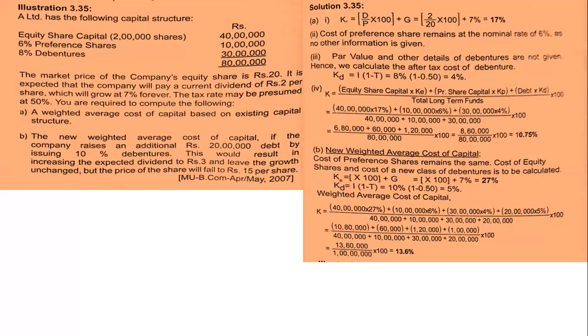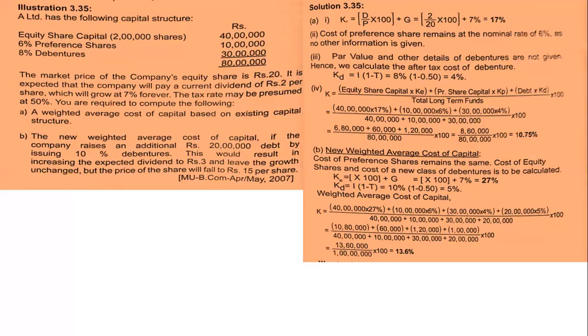Under A, first we have to calculate the cost of equity. You know the formula for computation of cost of equity: D divided by P into 100 plus G, because here we have to consider the growth rate. They have given a growth rate. So 2 divided by 20, where 20 is the market price and 2 is the dividend, into 100 means we'll get 10%.